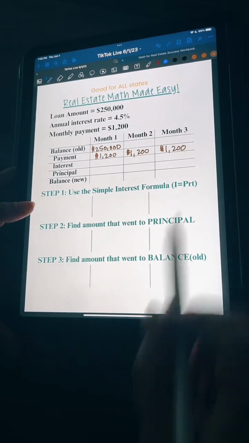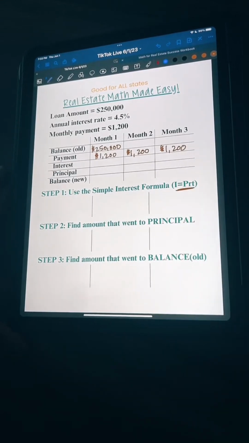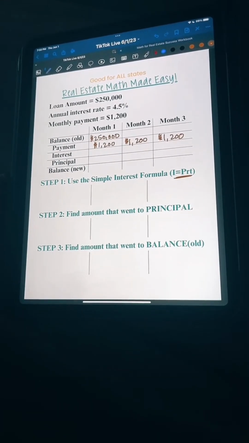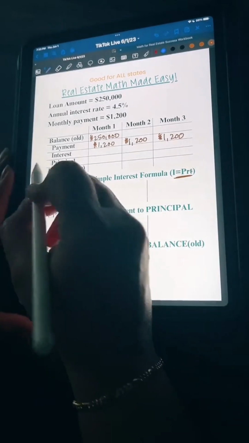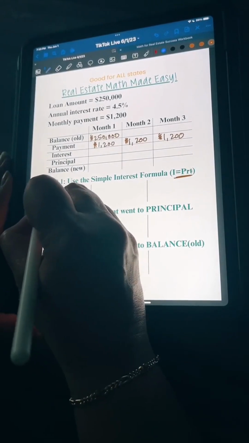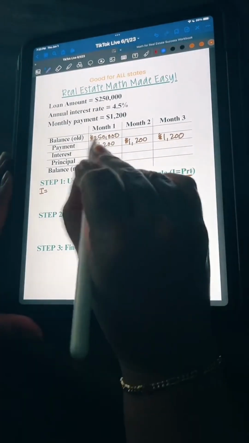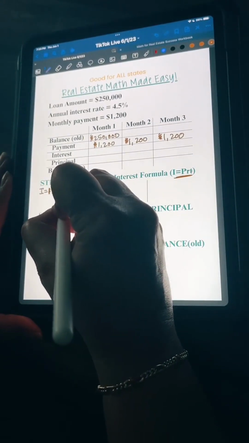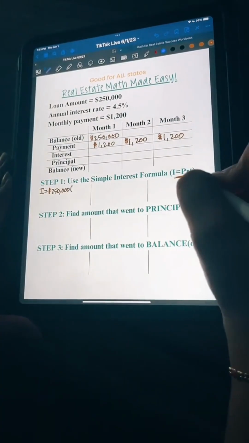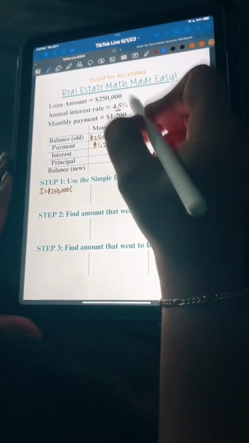All right, so now we have to fill in the rest. We're going to use the simple interest formula of I equals PRT, where P is your principal amount, R is your rate in decimal form, and T is time in years. Please remember that, it's years. So I equals, my principal amount is $250,000. My rate is 4.5%.